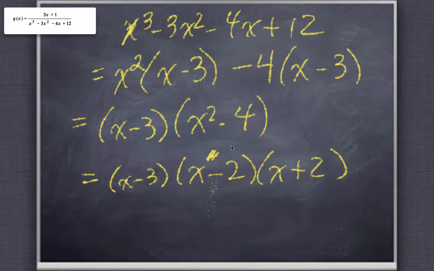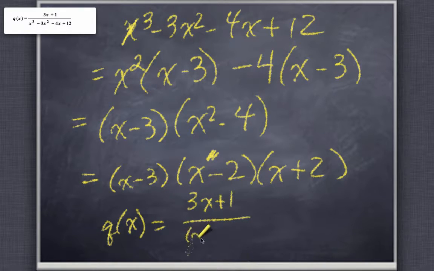Okay, so this is what we have as our denominator, so that q of x equals 3x plus 1 over x minus 3, x minus 2, x plus 2.